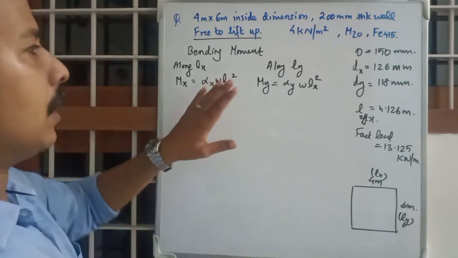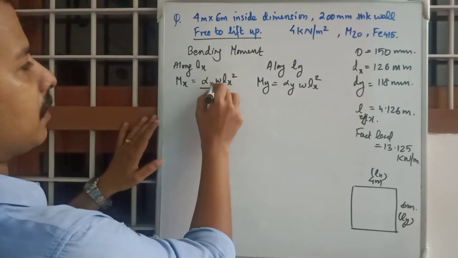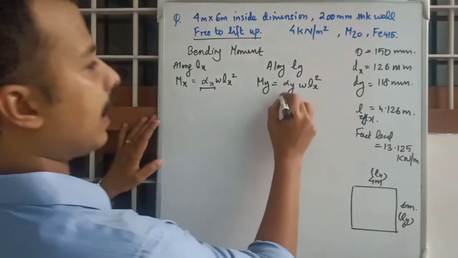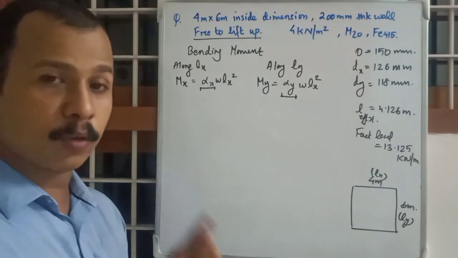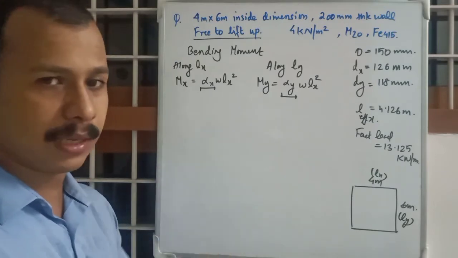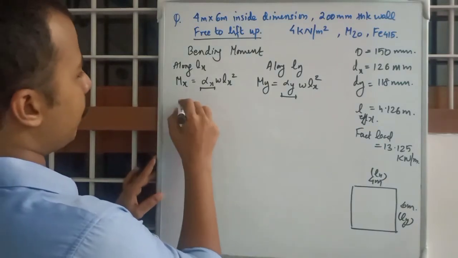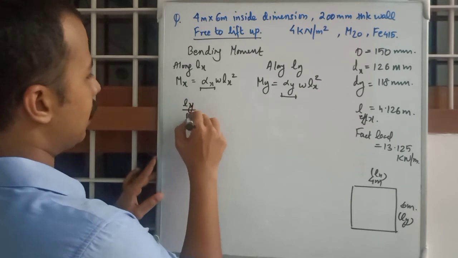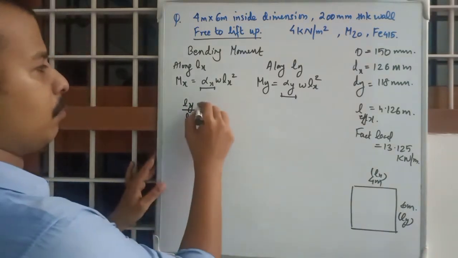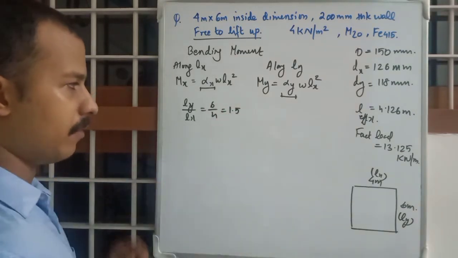Okay, so on that page itself it is mentioned that you can get these two unknown factors from the table on the same page 91. With the help of the Ly by Lx value, that was 1.5, right? 6/4 is equal to 1.5.